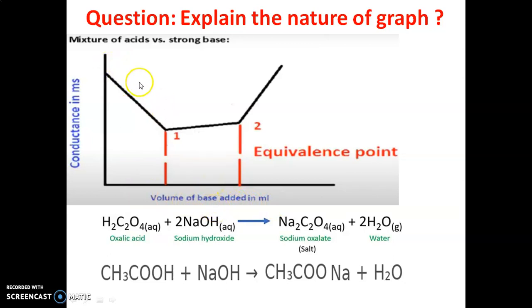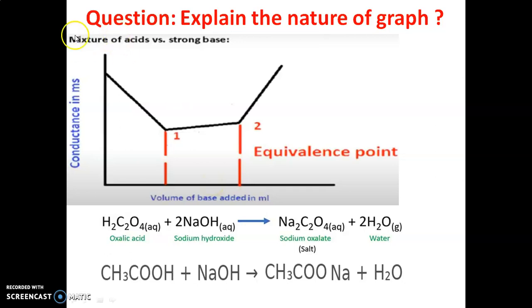From the graph it is observed that initially the conductance is very high without addition of NaOH because the solution contains fast moving H plus ions. The first reaction takes place between oxalic acid and NaOH, because between oxalic acid and acetic acid, the oxalic acid is the strong acid compared to acetic acid.